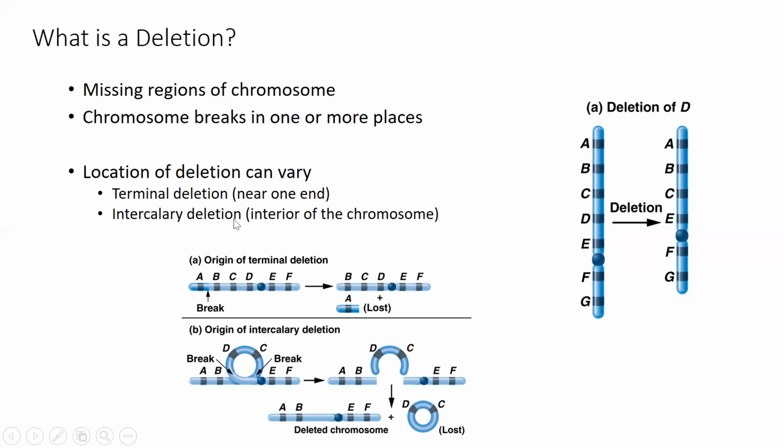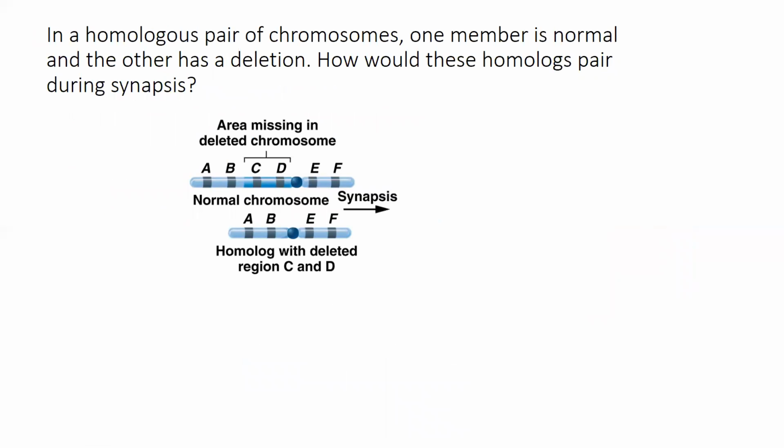So that's the interior of a chromosome, okay? A deletion loop comes in, breaks off and shortens it, and this part is lost. Okay, so now we have a question.